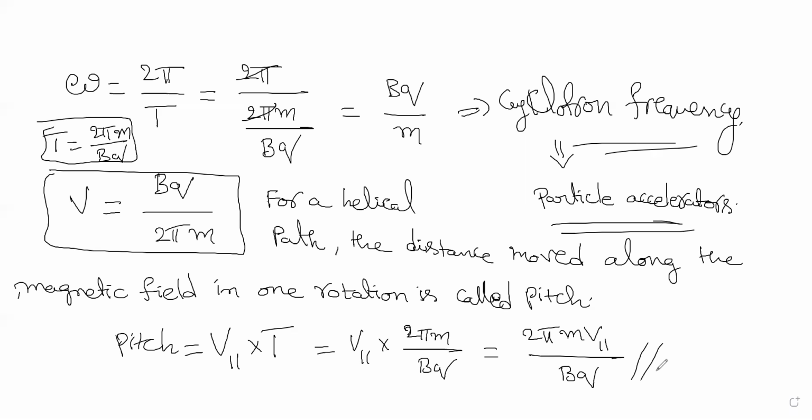So this is sufficient for today. Tomorrow we will see motion of a charged particle in a uniform electric field. That is another thing, and something called the Lorentz force. After that, the cyclotron. After the cyclotron, we have some few problems.